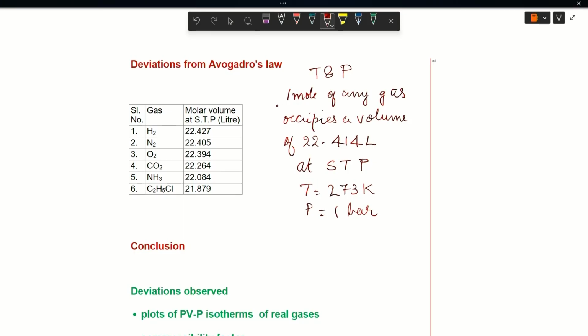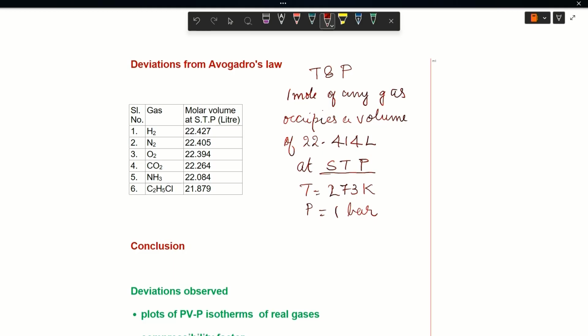Now, this is a consequence we have derived from Avogadro's law. Avogadro's law states that equal volumes of all gases under the same temperature and pressure will have the same number of molecules, and from that we derived that 1 mole of any gas, that is, a fixed mass, occupies a volume of 22.414 liters.